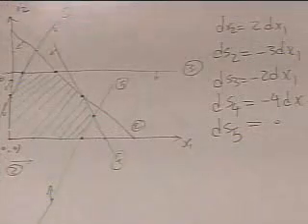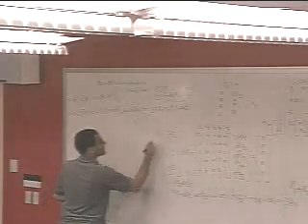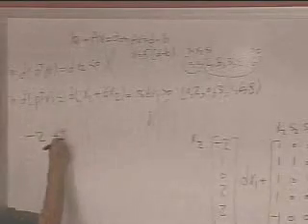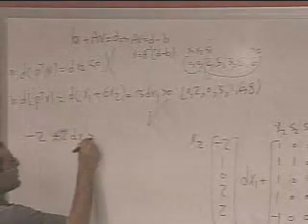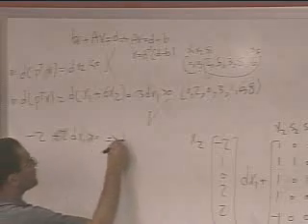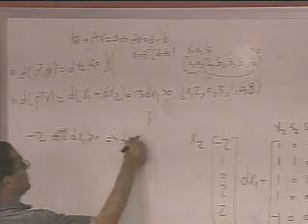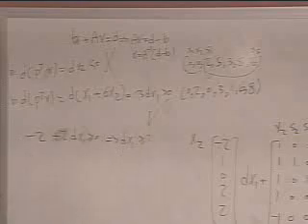Let's see. The first one is x2. x2 was minus 2. So minus 2, let me write it somewhere that everybody can see. This is the last step on this method. So we have minus 2, which is x2, minus 2 plus 2dx1 should be greater than or equal to 0. So dx1 should be, sorry, I made a mistake.